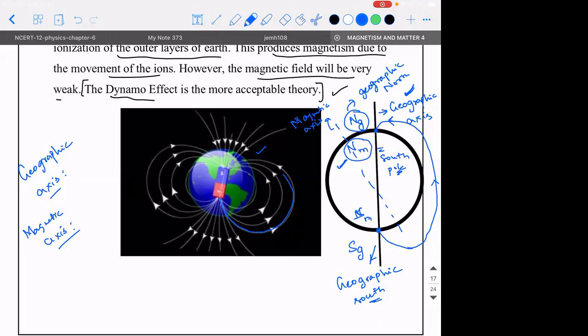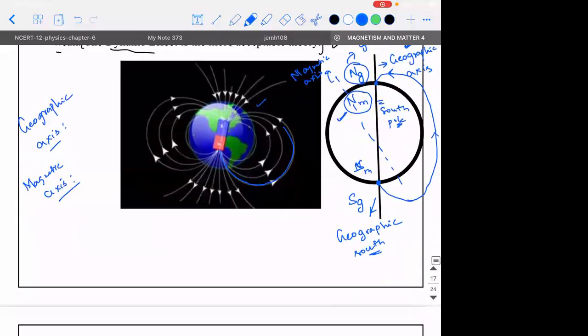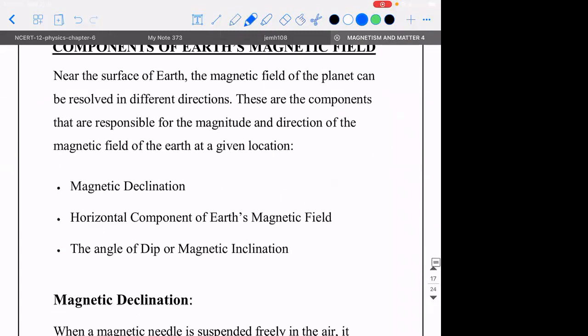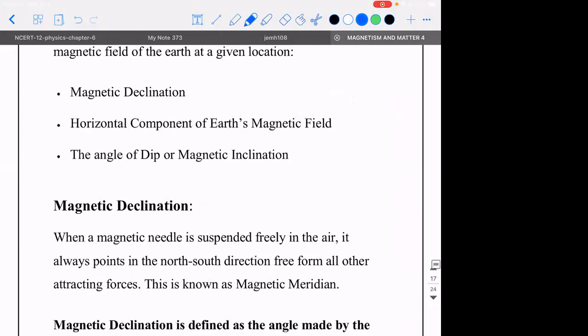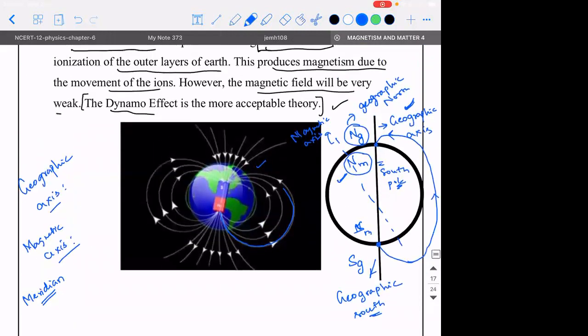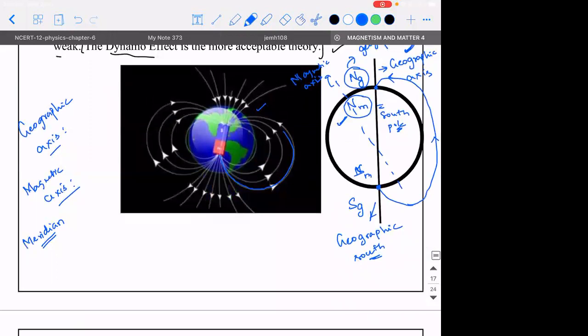Clear? Okay, so this is all about axis, guys. There is another term that we deal with, called meridian. Let's see what a meridian means. Meridian is also of two types: one is geographic meridian and the second is magnetic meridian.